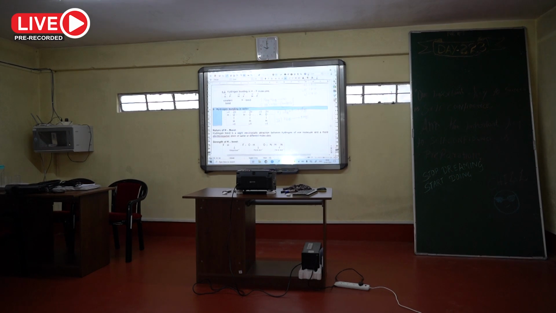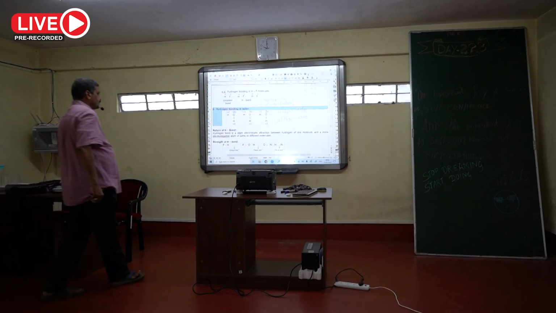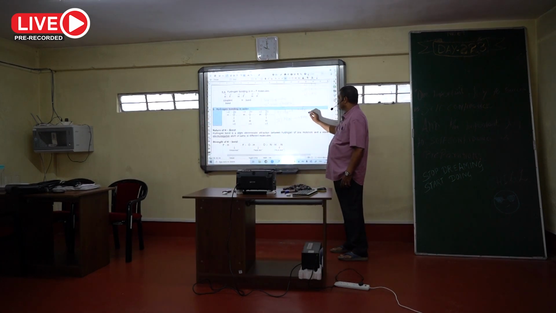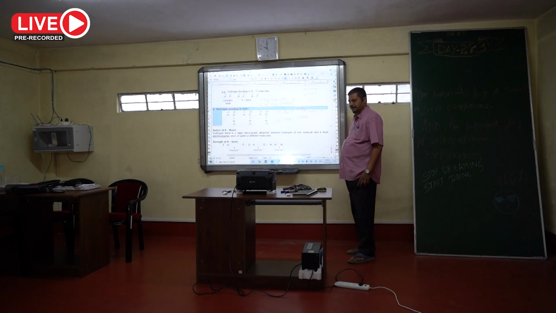You can also show it like this: delta eg H1 is always negative, exothermic.